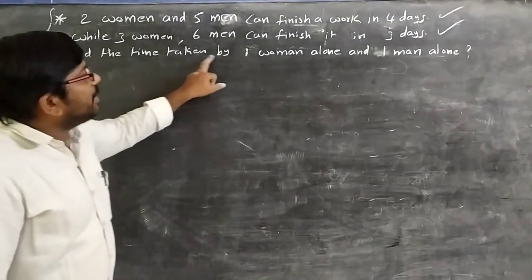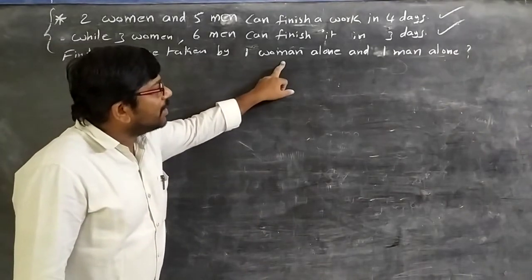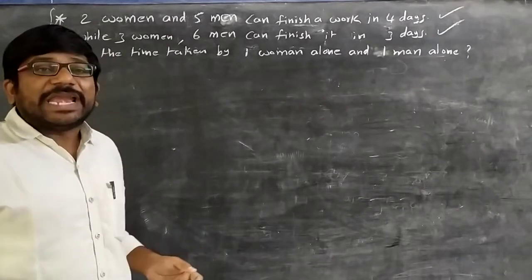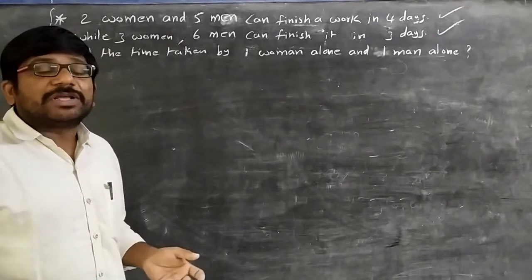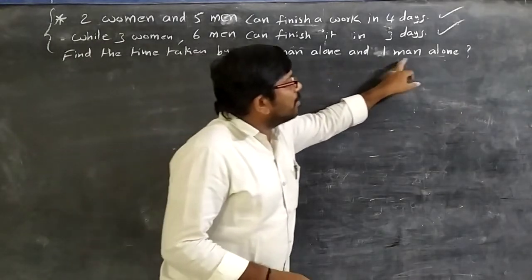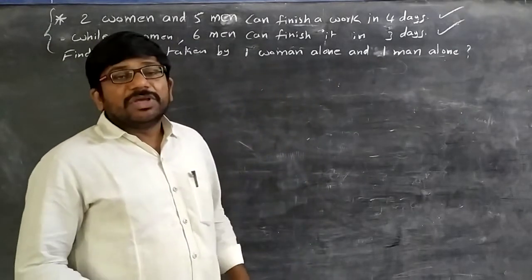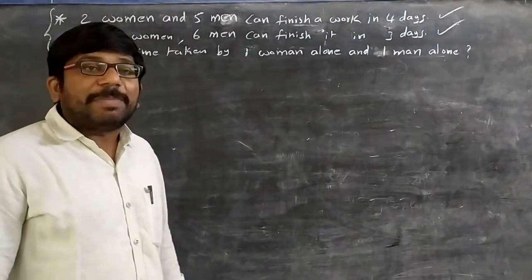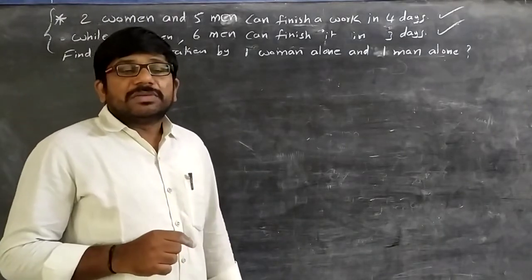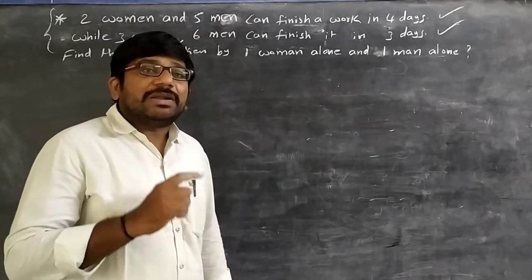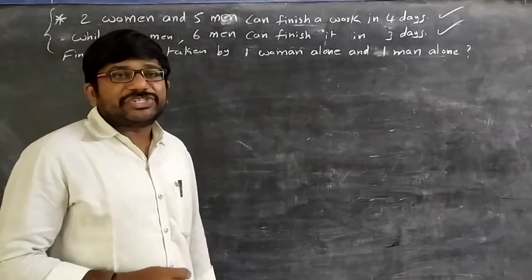Then find the time taken by one woman alone, meaning how many days it takes to complete the work by one woman, and by one man alone, right? Now we have to find the number of days taken by one woman to finish the same work and by one man alone, right?